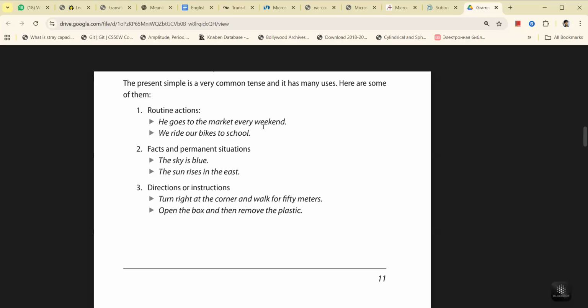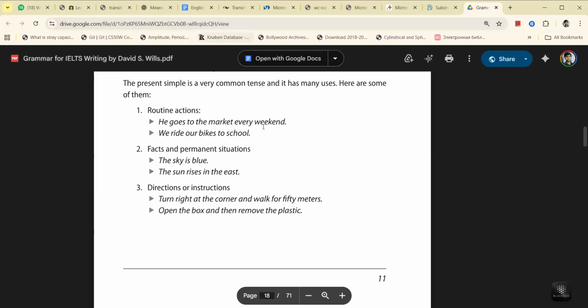So you have to deal with routine actions. Then facts and permanent situations will probably also come up, and directions and instructions, when you have to answer a question like where you are living or where you got educated in the past. Then you have to describe directions and instructions and use the present simple.